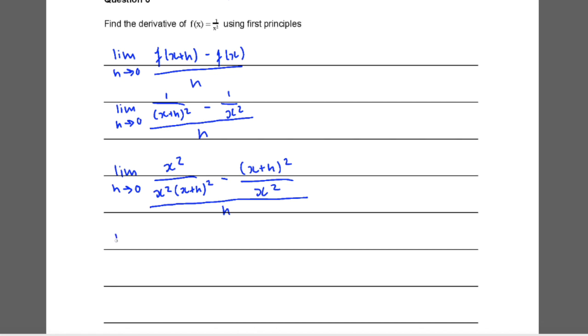Alright, now we can put them together because we have common denominators. So it's x squared minus x plus h squared, all divided by, oops, I forgot this part here, x plus h squared. So they have common denominators, so it's x squared, x plus h squared, all divided by h.